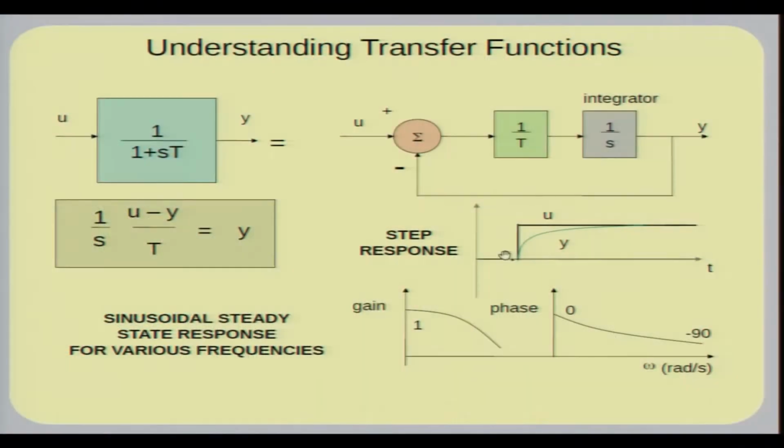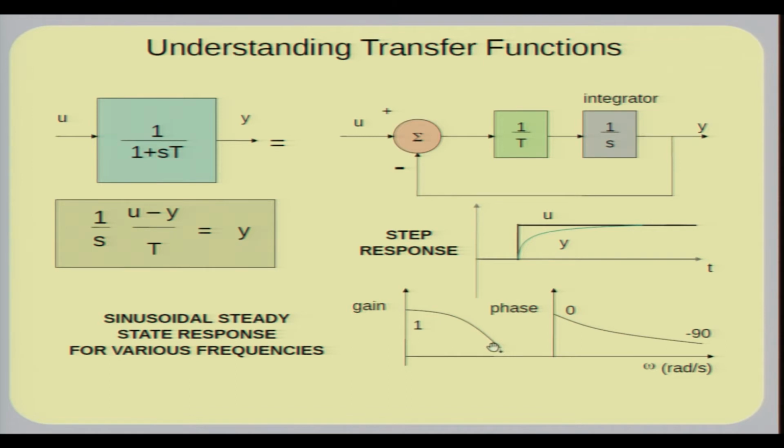In fact, if you give a step, y takes its time to reach the steady state, which is roughly around 4 to 5 times the time constant t which is given in this transfer function, and this is what is known as the first order transfer function. In fact, by plugging in various values of s equal to j omega, you can get a gain and phase characteristic, and this is of course having a low pass characteristic.